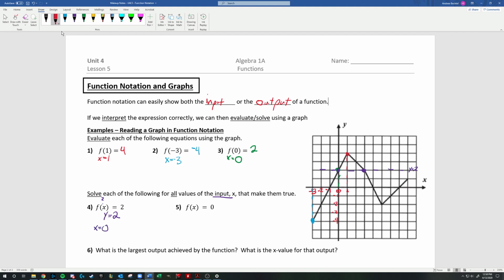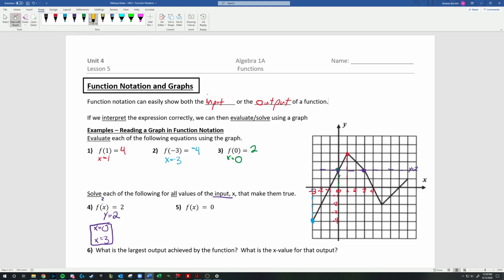The other answer, we're going to add some numbers to this axis here. If we look at this point here, it lines up with 3. So our other solution is x equals 3. Either one of these inputs would get us this output of y equals 2.